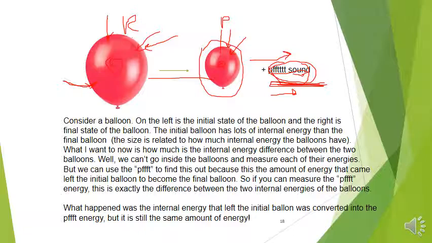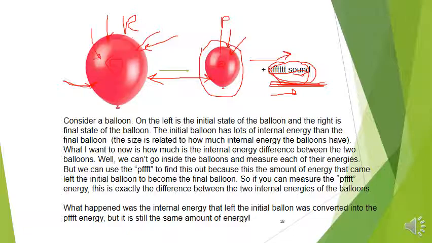And this energy that's given off directly relates to the size of the balloons, the difference in the size. So if I have a relationship, I know this amount of sound is this difference in size, I can tell you the difference in size of the balloon. So that's what we're going to do in chemistry.